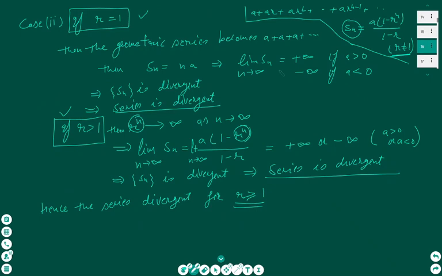So case 3 is if r is equal to minus 1. Then the series, which was a plus ar plus ar squared and so on, becomes a minus a plus a minus a plus a and so on.